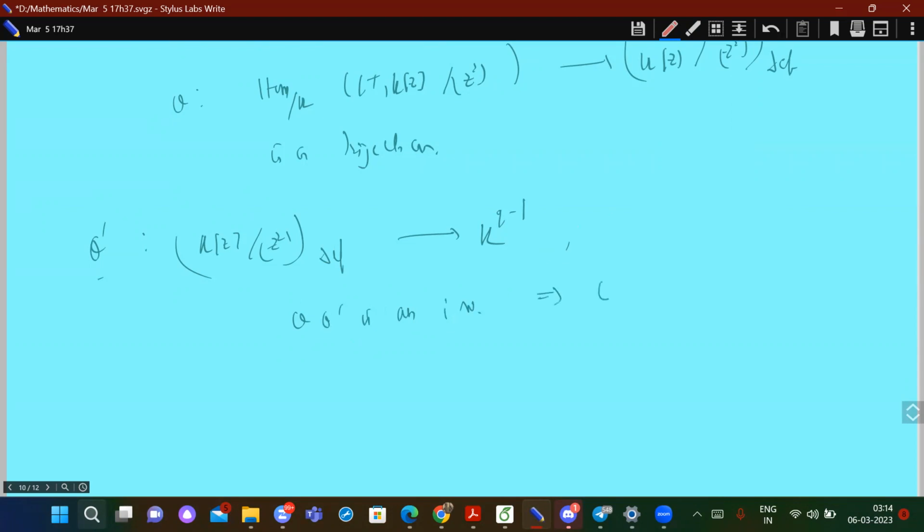So that would imply injection. For the surjectivity part, we also have to prove that theta is surjective, and that part I currently leave out the details of.